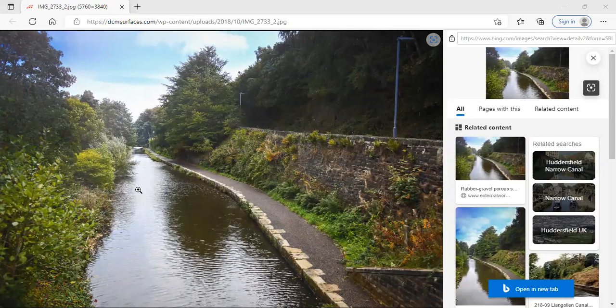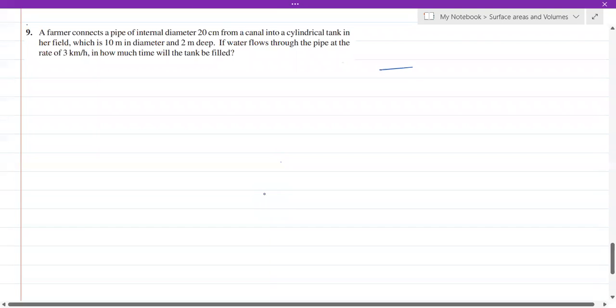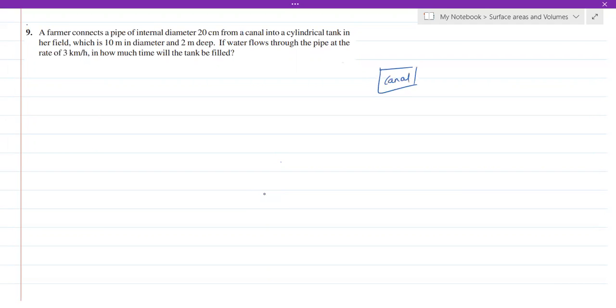So the farmer connects a pipe from the canal. Let's simply represent it like this, a canal. From this, a farmer connects a pipe of diameter 20 centimeter. Obviously, the pipe is in cylindrical shape. This pipe is again connected to a cylindrical tank.